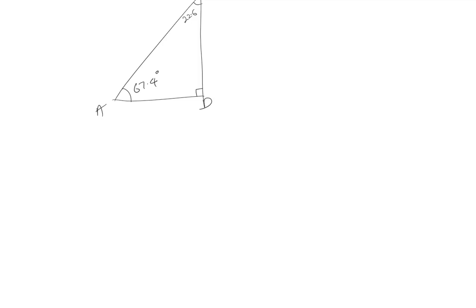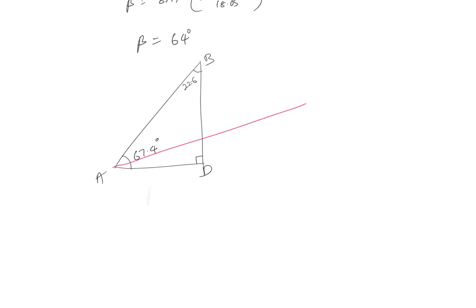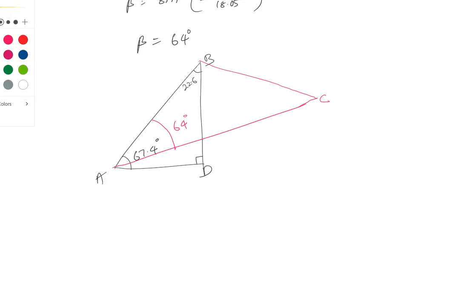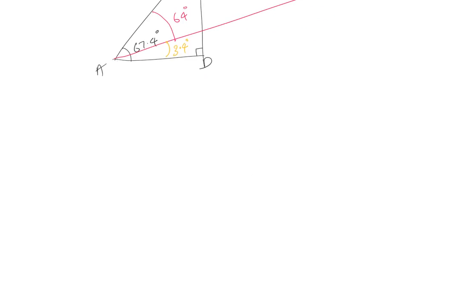And out of that, this AC is going like that. Okay, so I'm going to reconstruct that. So this angle we found as 64 degrees, right? So if we use another color, that angle would be what, 3.4 degrees.